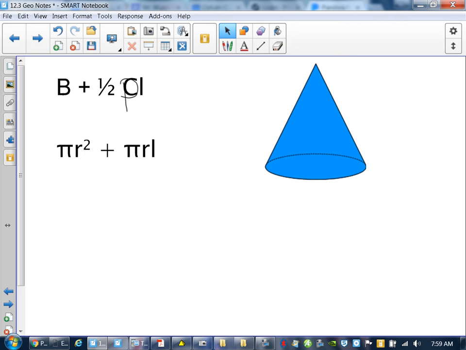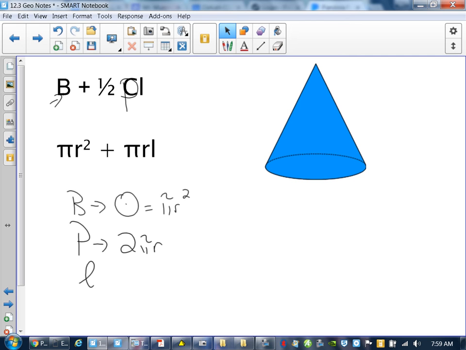What's that called? Circumference. So first of all, every cone has a base of a what? Circle. So that's why the base area is equal to pi r squared. The perimeter of a circle is 2 pi r.